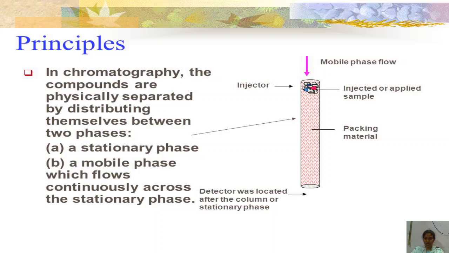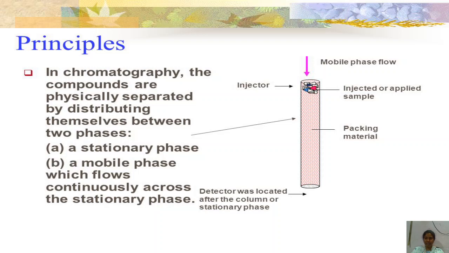So onto the sample we allow the mobile phase. The mobile phase is a liquid. When the liquid passes through the sample, some of the components will dissolve in the mobile phase and some will adhere tightly to the stationary phase. The components which adhere tightly to the stationary phase will elute later, and the components which are readily dissolved in the mobile phase elute first.